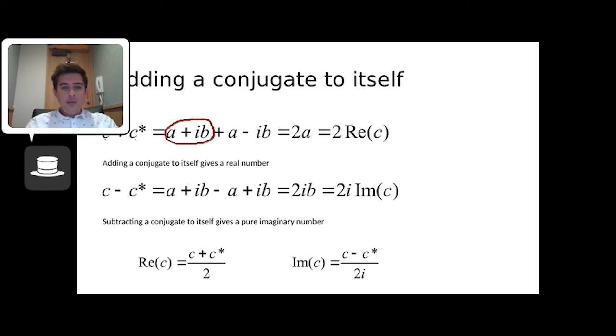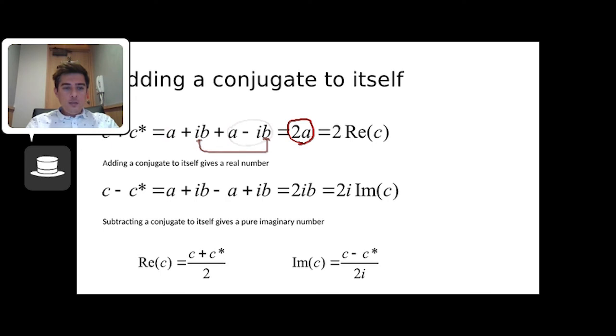If you add these two, the imaginary part cancels out, so there's no more i, and you are left with just the real part, which is 2a. That's obviously a real number.